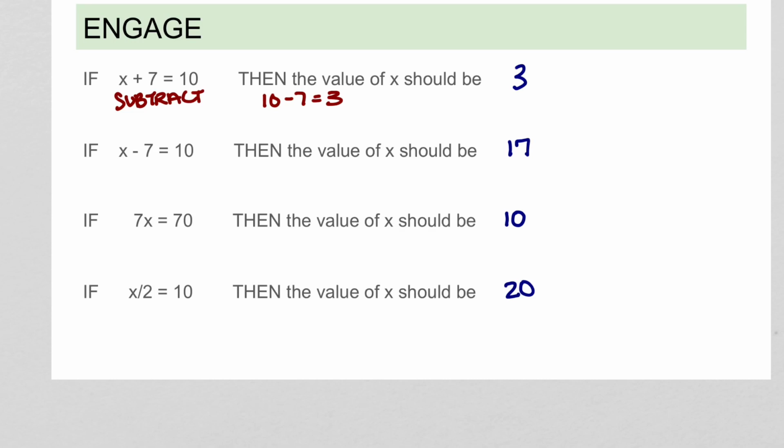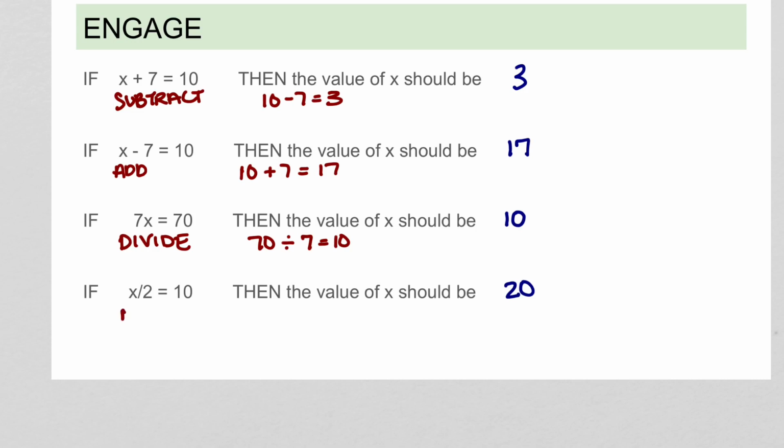And here I'm subtracting, but if I look at it and if I were to add that 10 plus 7, well, that would get me 17. And here I'm sure you found 10 by dividing. If we take 70 divided by 7, that gave us 10.